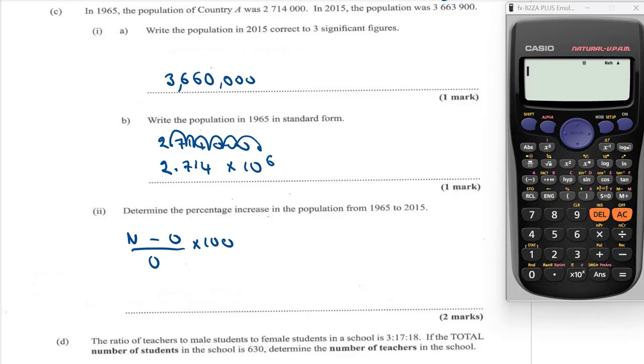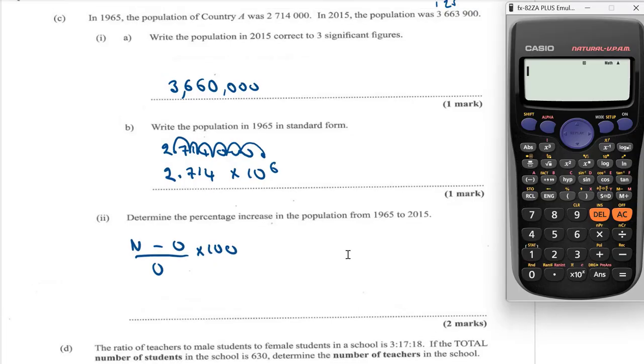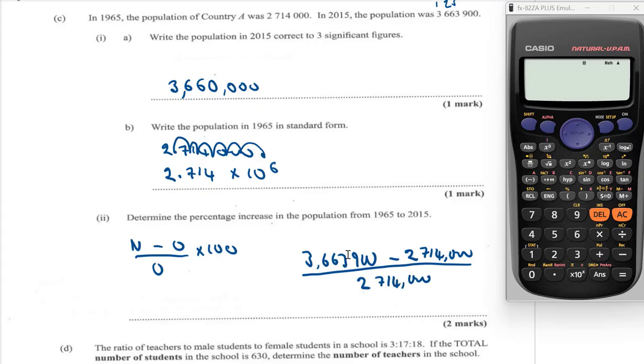So the new population is 3,663,900 minus the old population, which is 2,714,000, divided by our old population 2,714,000 times 100. So let's put the numerator in our calculators first.